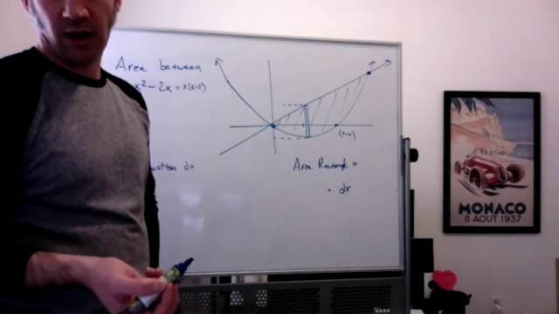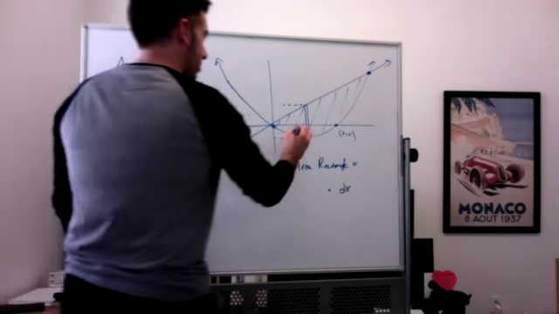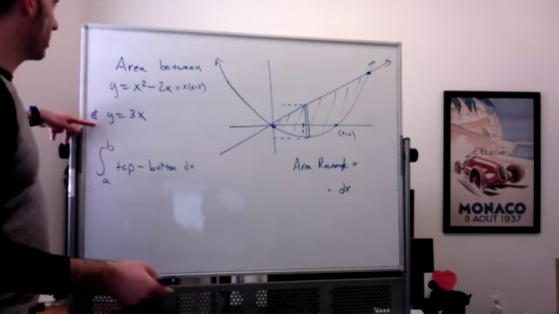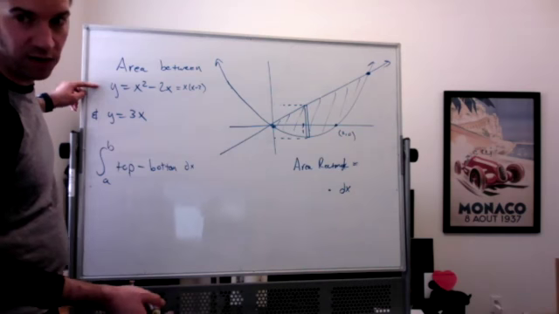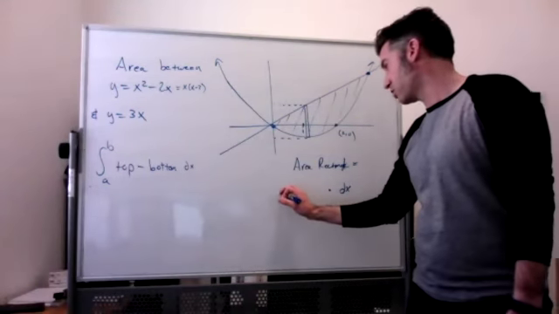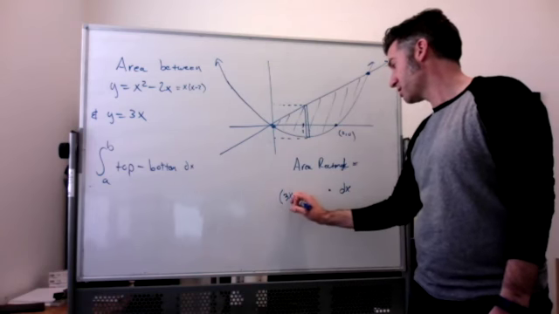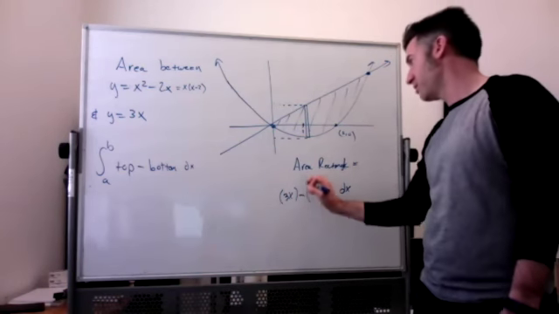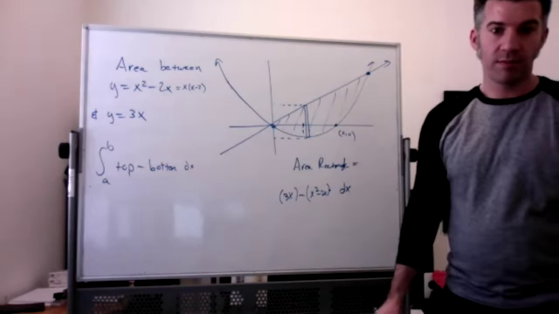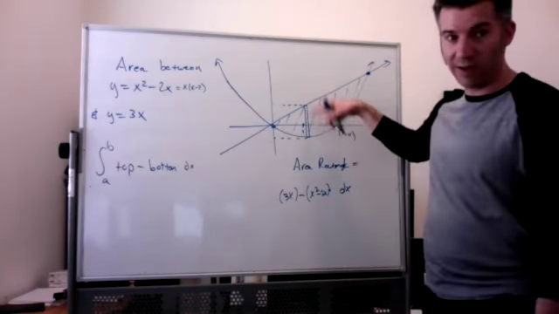And depending on where we are, like if we're at x equal to 1, the height is going to be 3 minus negative 1. But in general, the height is the top function, 3x, minus the bottom function, x squared minus 2x. So that's the area of this one rectangle.